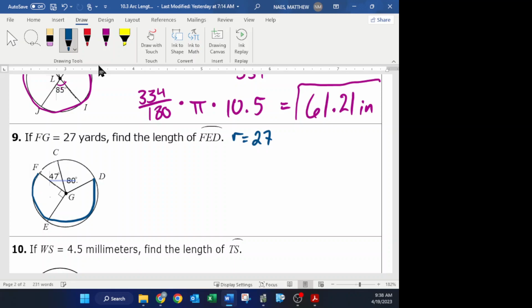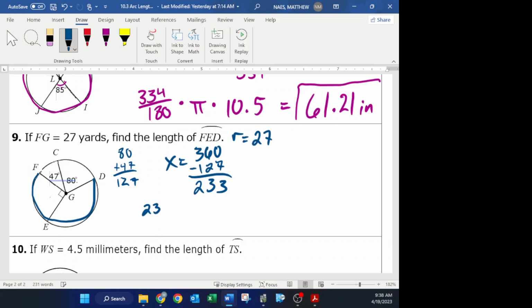We have these two angles. Those two angles are 80 and 47. So 80 plus 47 gives me 127. So X is equal to 360 minus that 127, so 233.